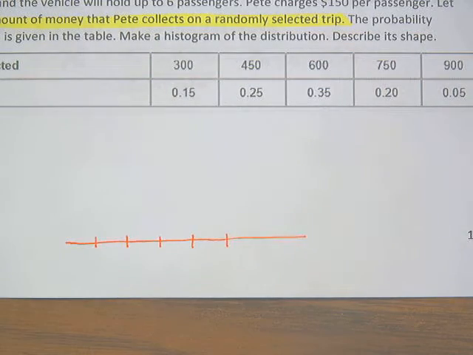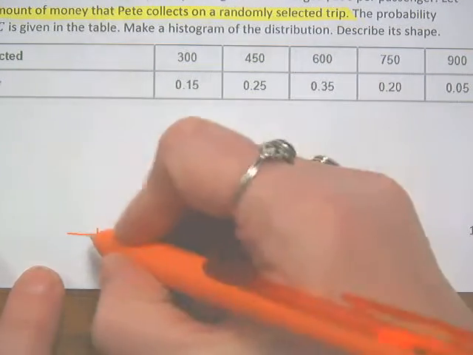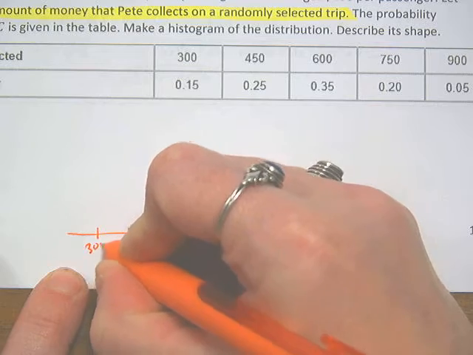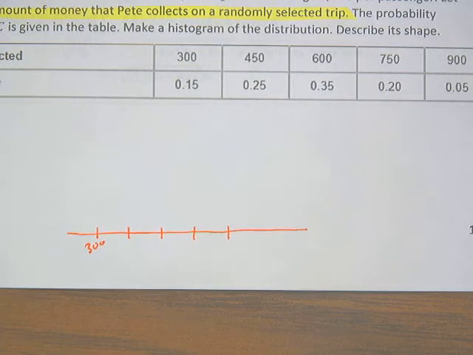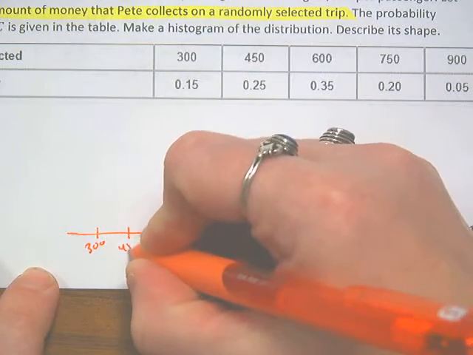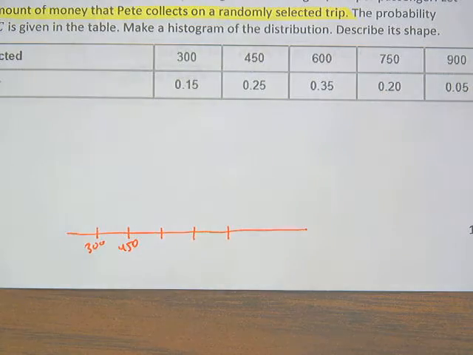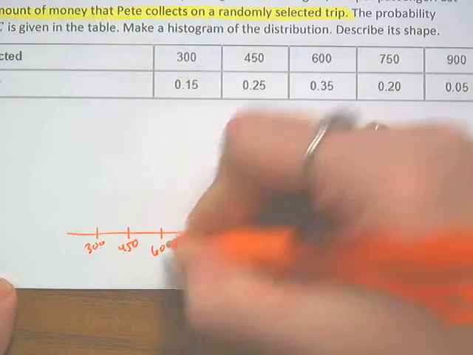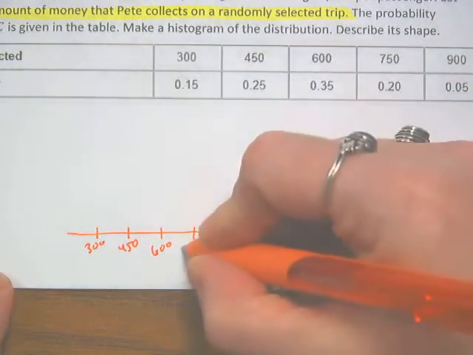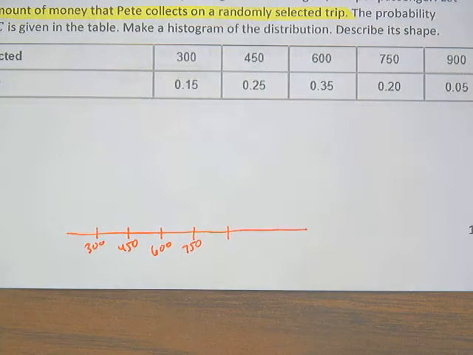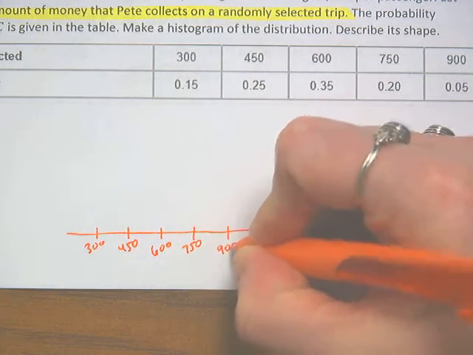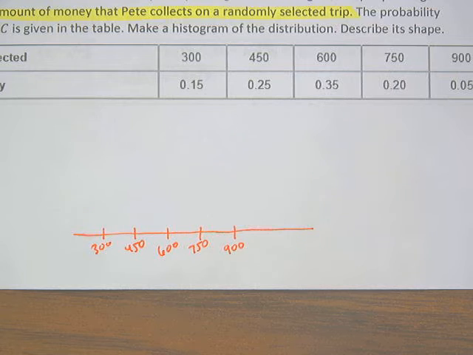Those are going to be labeled $300. That's if 2 people go on the trip. $450. That's if 3 people go. $600 he'll make if 4 people go. $750 if 5 people go. And $900 if all 6 people go on the trip. Not too shabby.